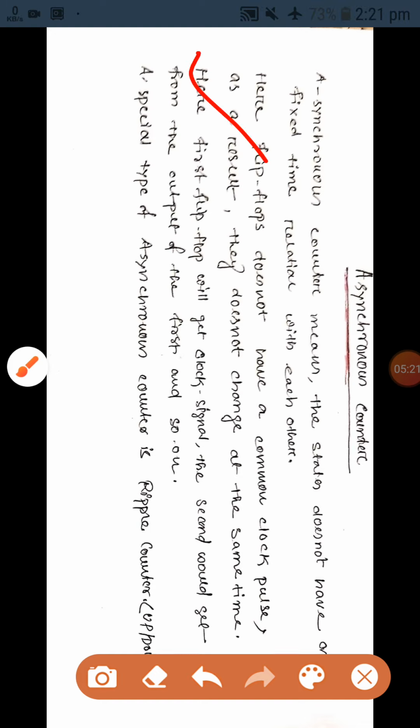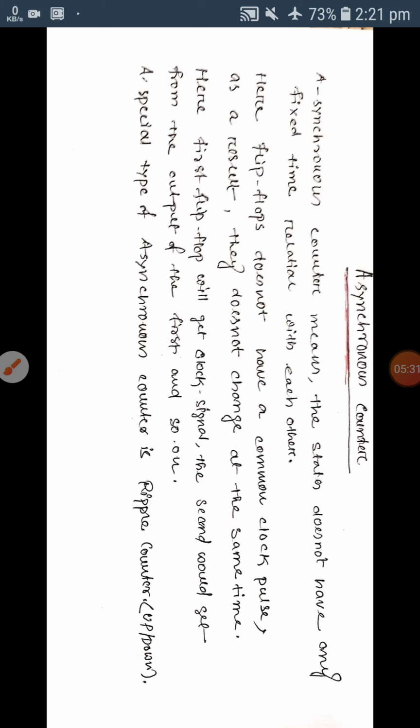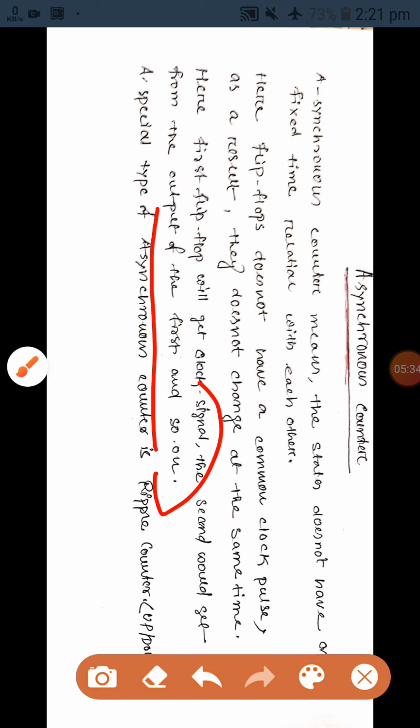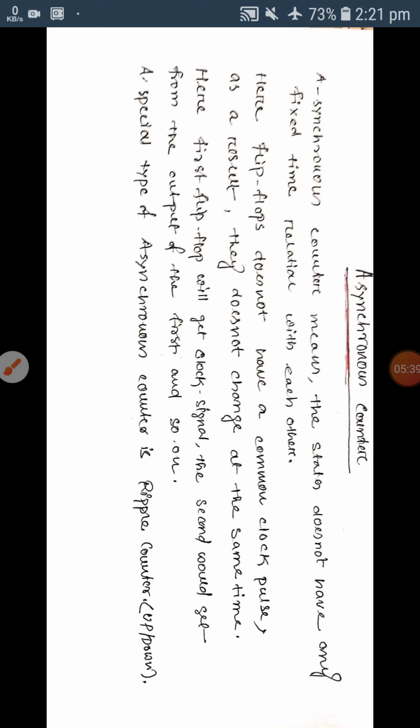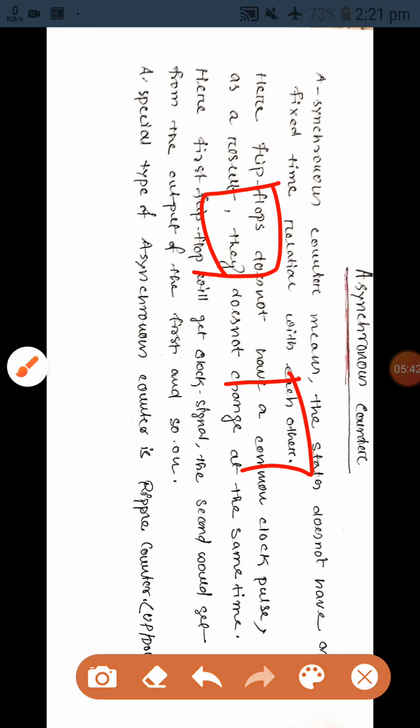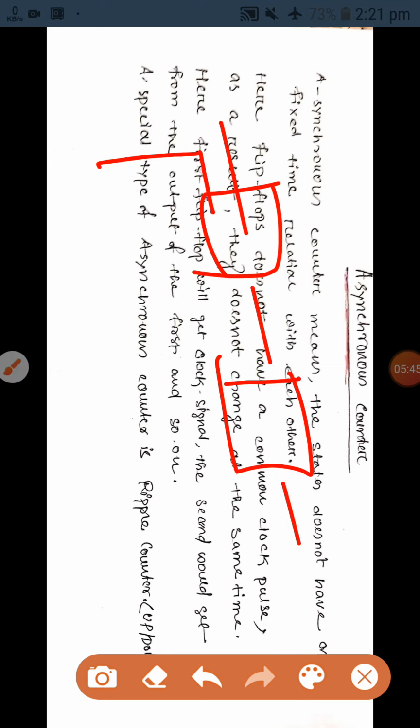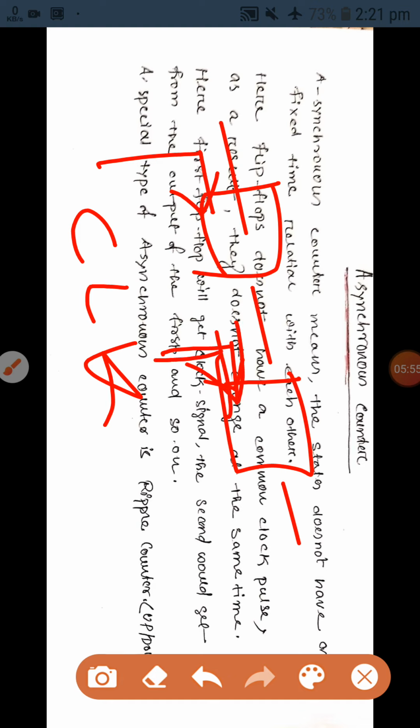Here flip-flops will get the clock signal like this: the first flip-flop will get the clock signal and the second gets it from the output of the first, and so on. Suppose 3 flip-flops or 2 flip-flops are there, connected like so. In the first flip-flop I will give CLK, the clock pulse. I will not give any clock pulse signal to the second one.